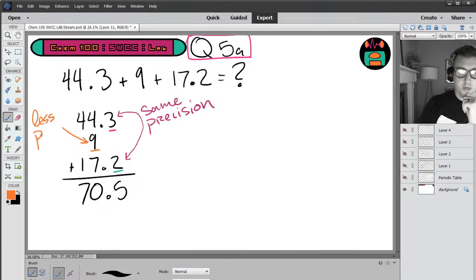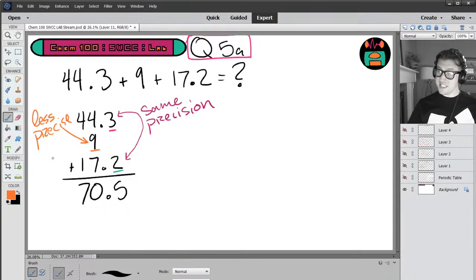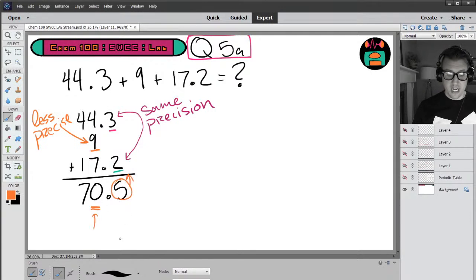The more precise your number is, the further to the right the sig fig is going to be. The further to the left your last significant digit is, the less precise you are. So 9 is less precise, which means our answer must have the same precision as the number 9, which means its last significant digit has to be in the ones place. That means we need to round to the ones place. 5 rounds up, so the correct answer, rounded to the correct number of sig figs, is going to be 71. Again, with its last significant digit in the ones place.